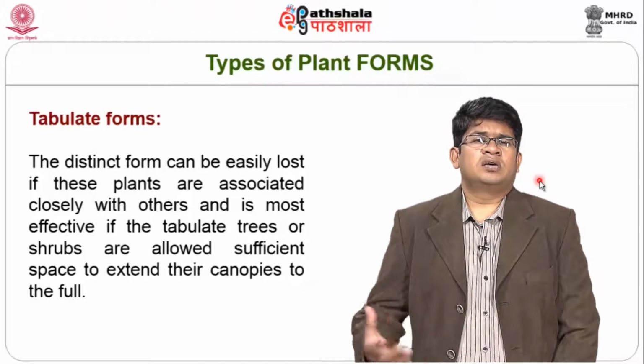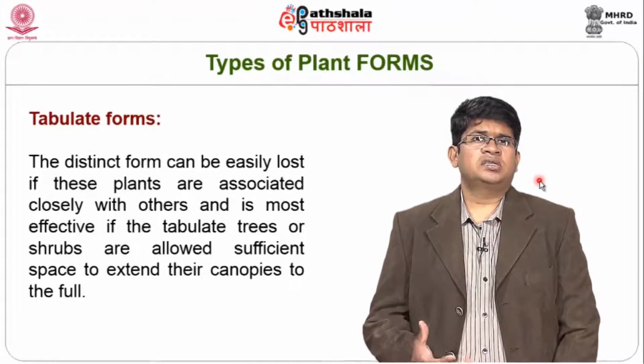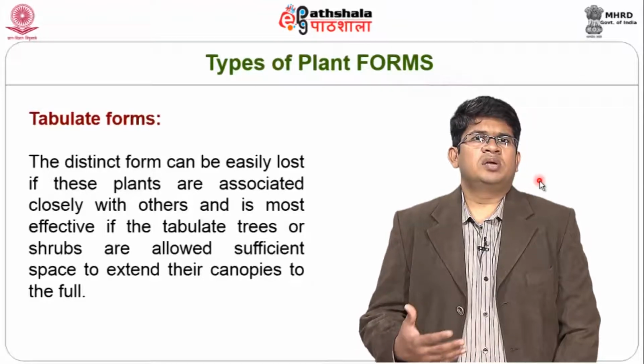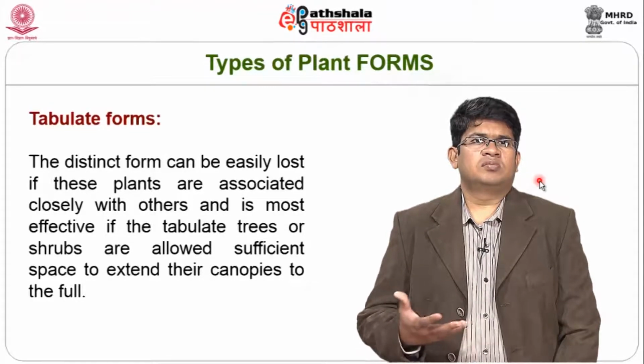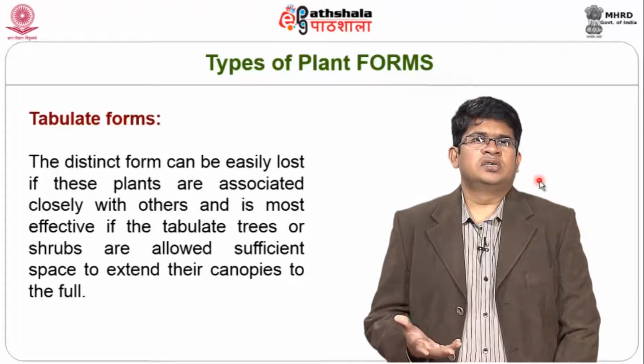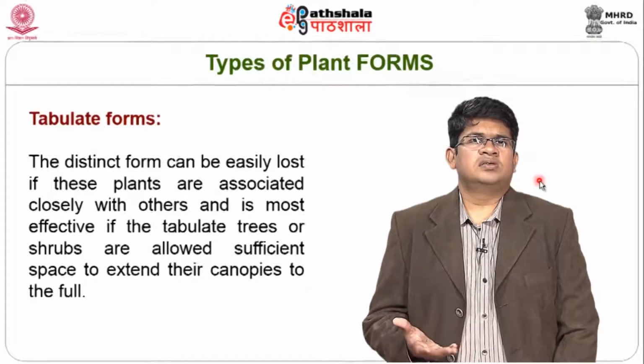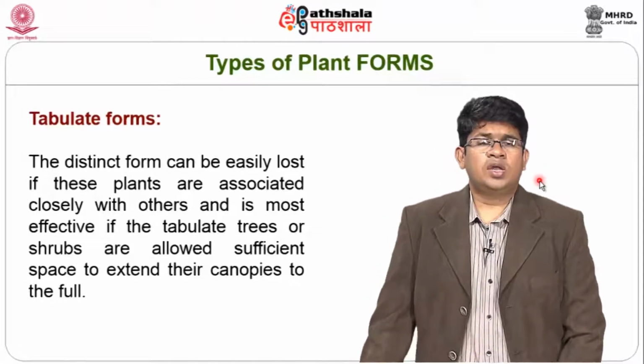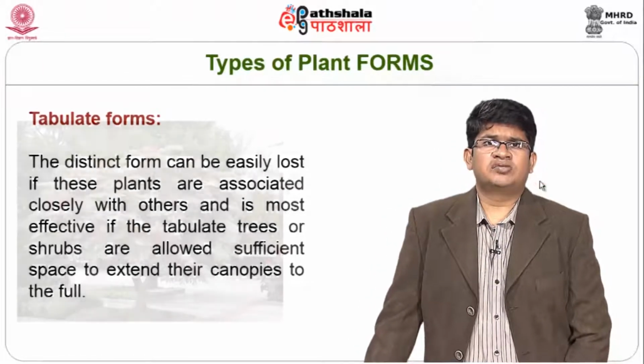So the spacing between these plants, and also their mixing up with other similar types of plants, one should be able to understand, be able to see the gaps, and that is what makes this particular form very striking and very unique in the design landscape.